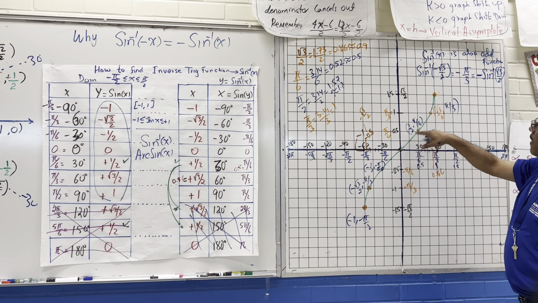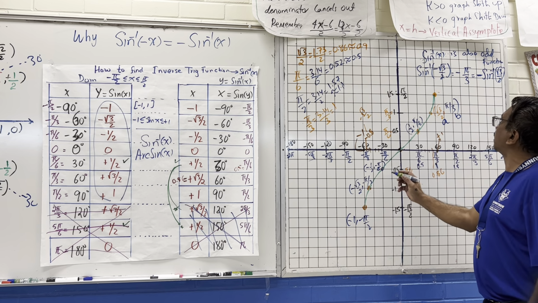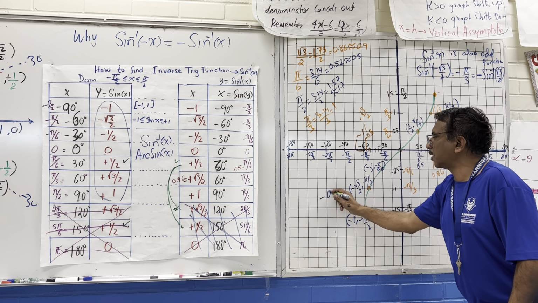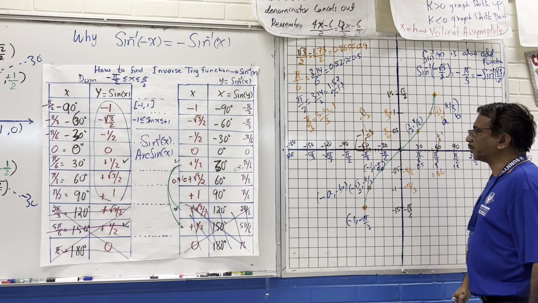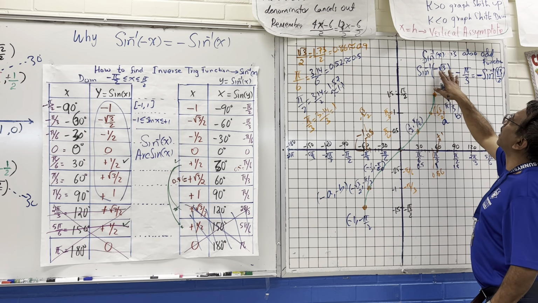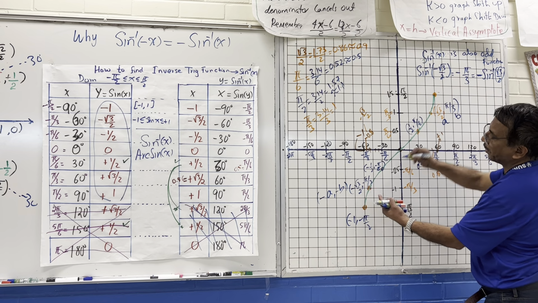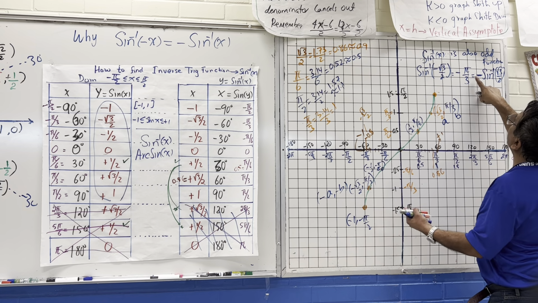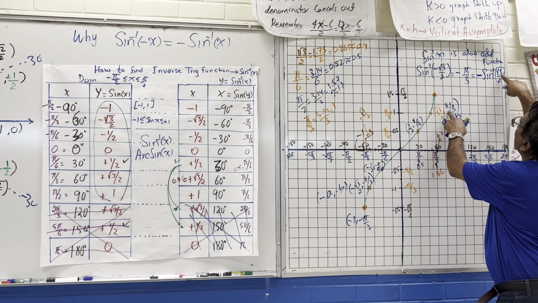That means if this point is (A, B), then there is a point on the other side which is (minus A, minus B), which is the definition of an odd function. So you can clearly see sine inverse of minus root 3 by 2, which is right here, is minus pi by 3, and pi by 3 is the sine inverse of root 3 by 2.